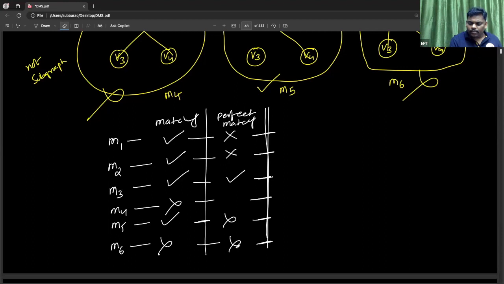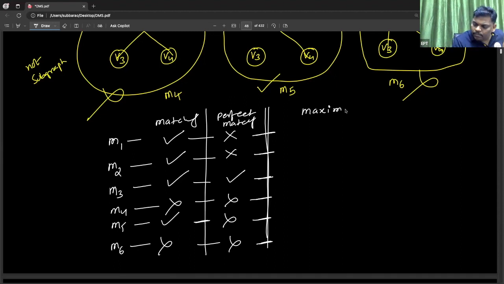Until now, you know what matchings are and what perfect matchings are. How many perfect matchings? Only one. Matchings are almost 4. Now observe properly, everyone has to understand this.